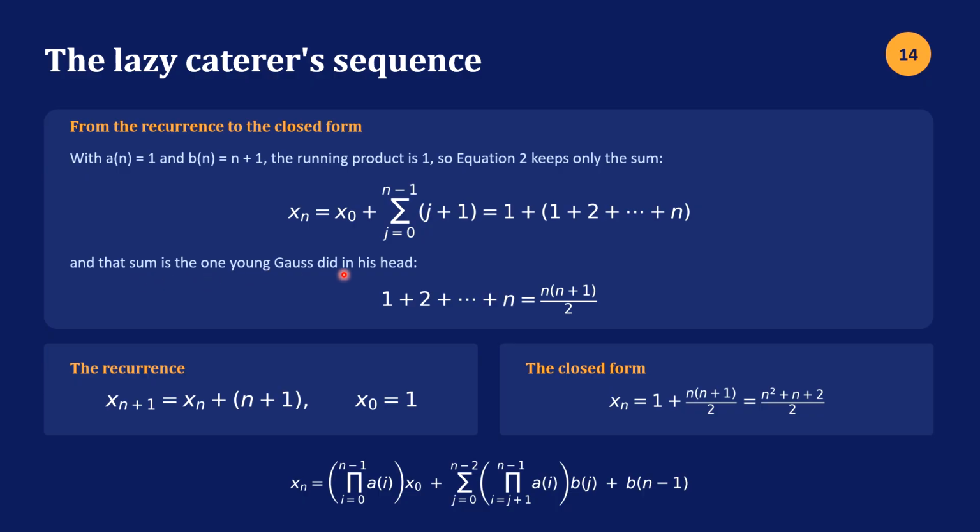And from the example I gave you, or the story I gave you from Gauss, we know that this sum is n times n plus 1 over 2. We just plug that in here, add 1 to it, and we get our final result.